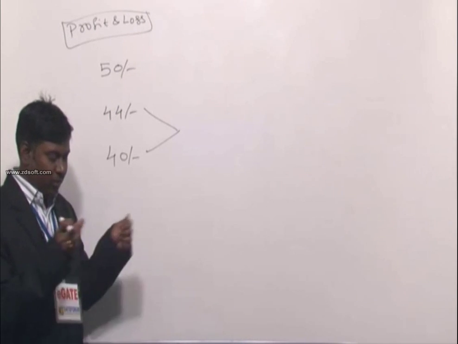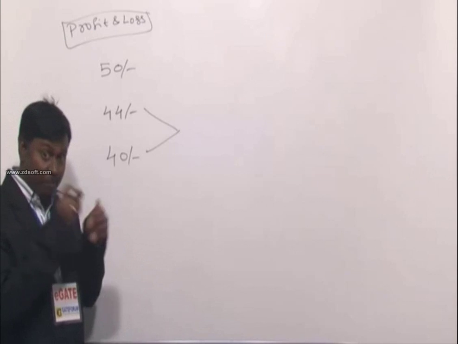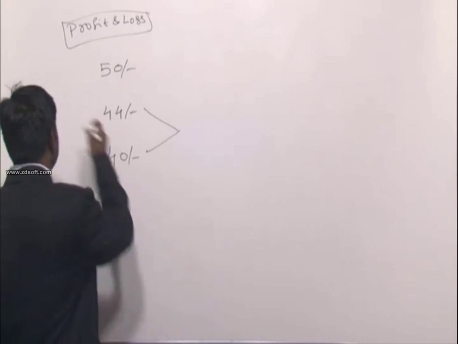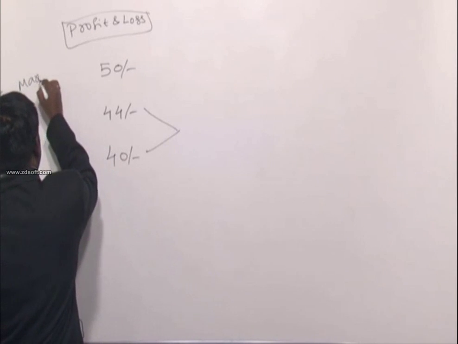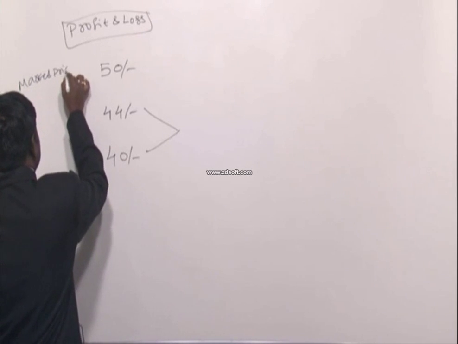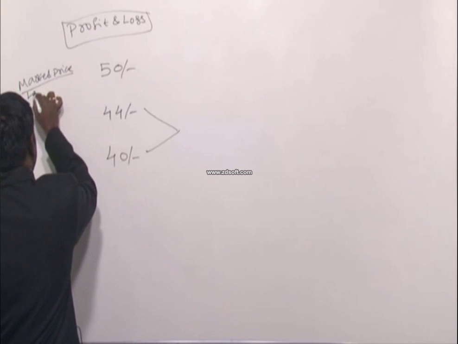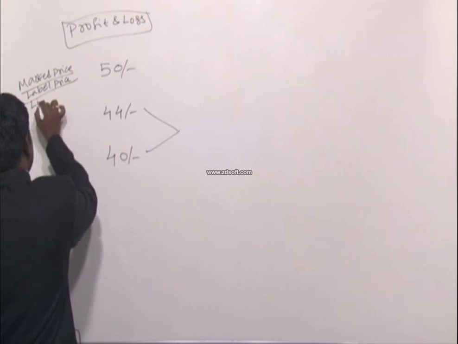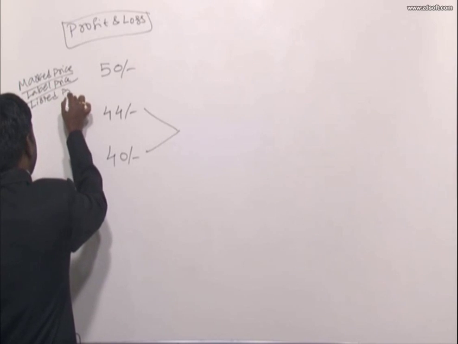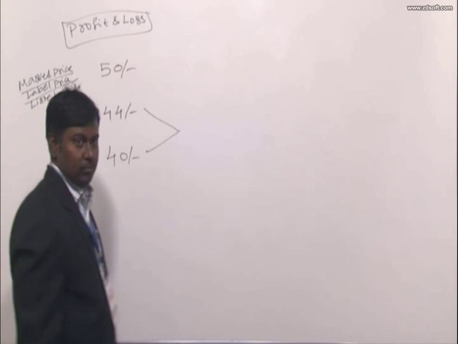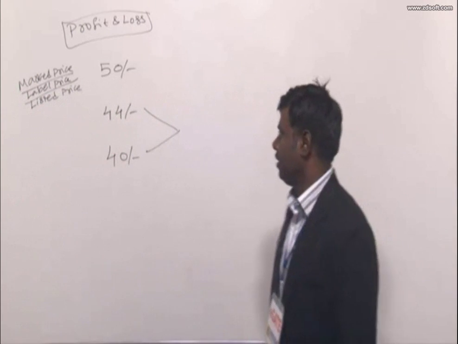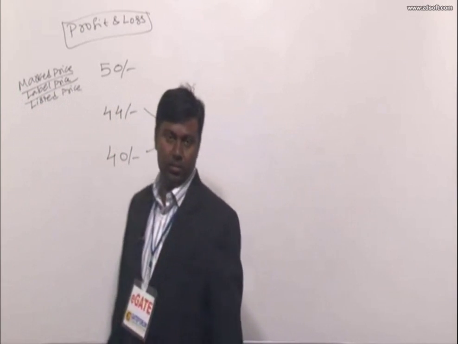On the sticker you'll find the label price, sticker price, marked price. Market price, label price, listed price, all are same. That is 50 rupees. Right?